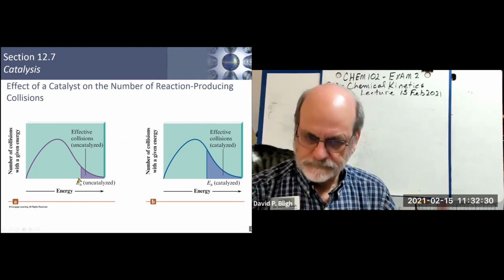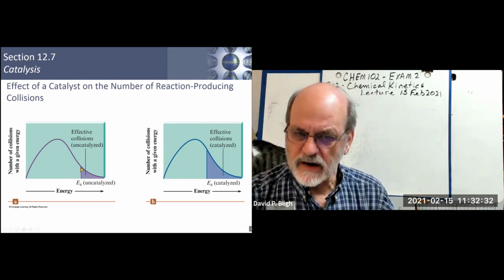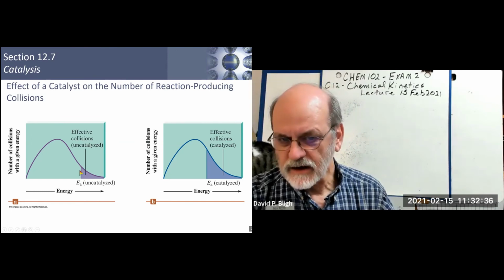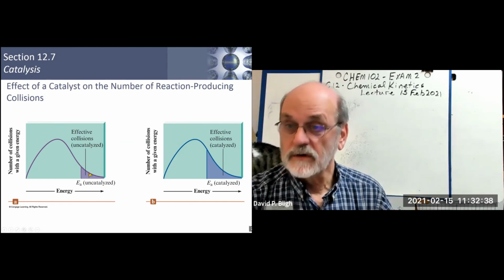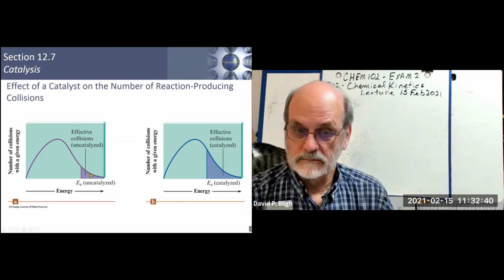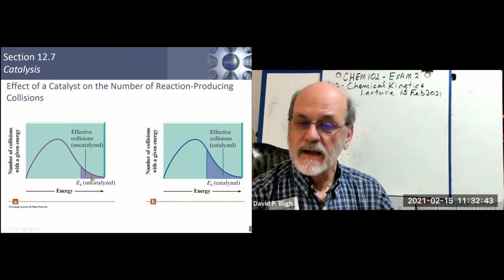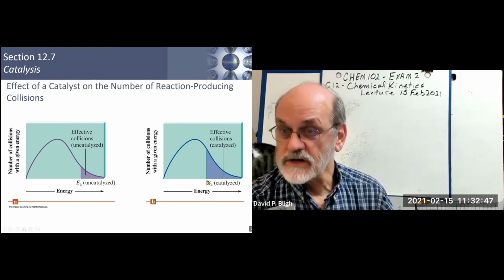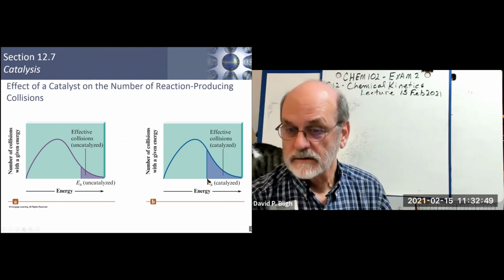So if your activation energy is here, then you only have this many collisions that are available for the reaction to occur. But with a catalyst, you actually lower the activation energy like we showed on the previous diagram.